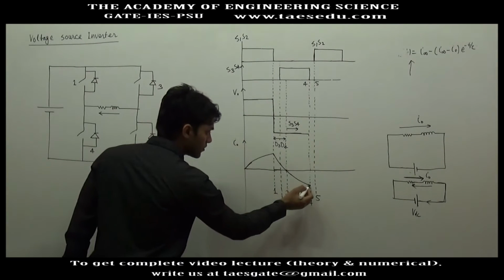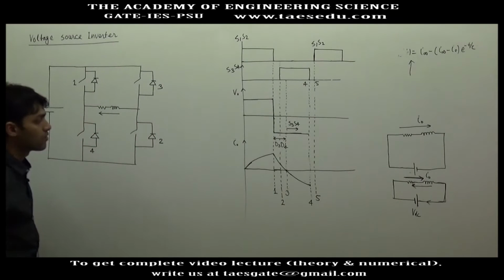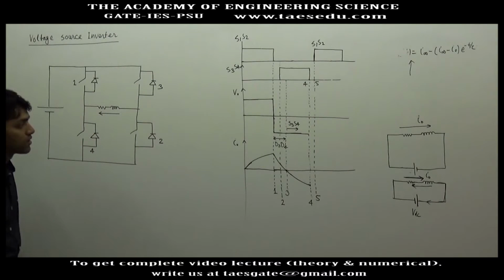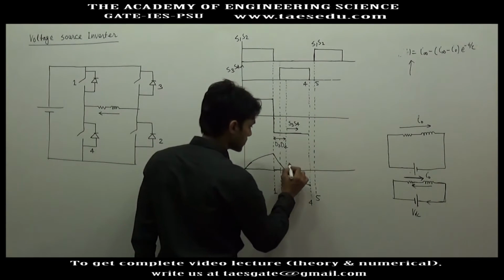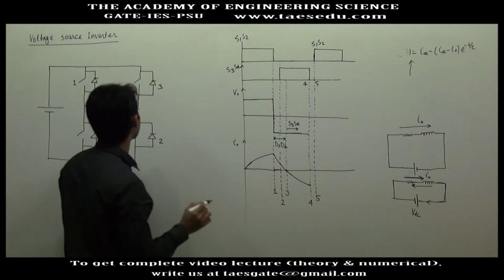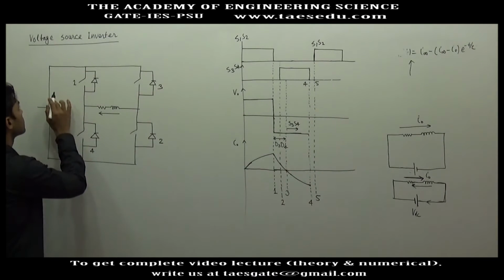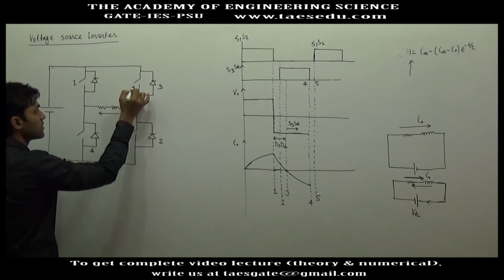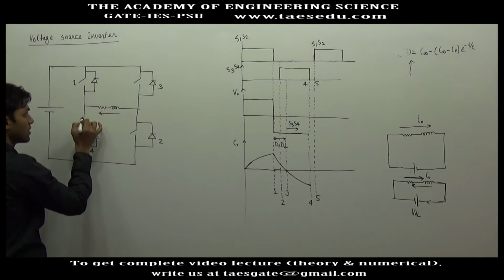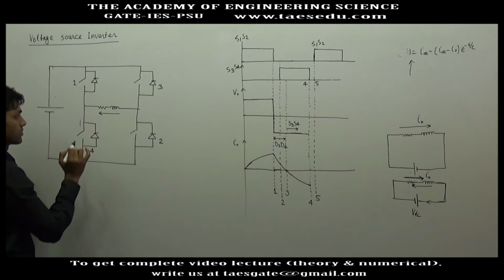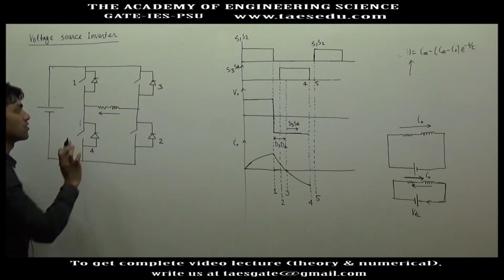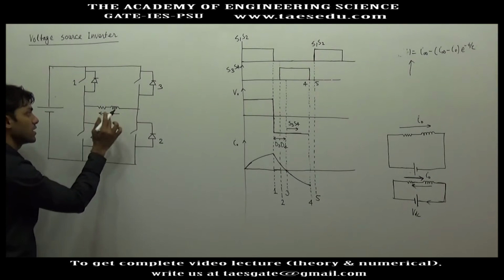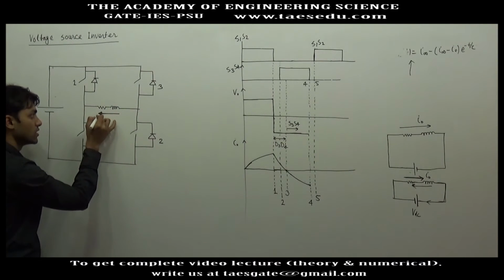Before instant 4, S3, S4 are conducting, so current was flowing through source, then switch S3, then this direction, then switch S4.